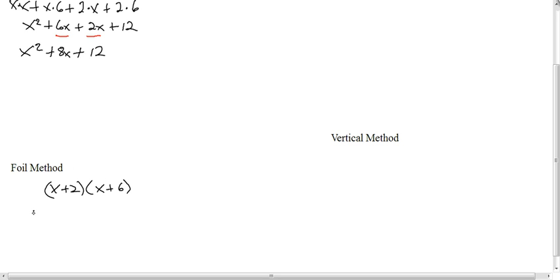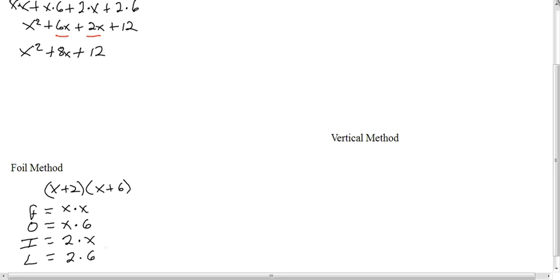So I'm just going to put a little chart here for you, F. So my first terms will be x times x, and then my outer terms would be my x times 6, and then my inner term will be 2 times x, and my last term will be 2 times 6.